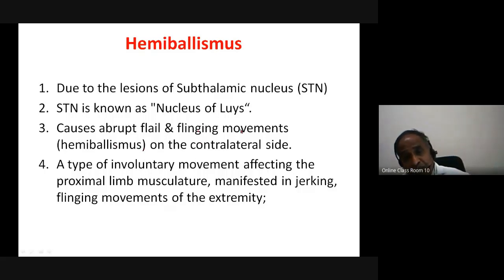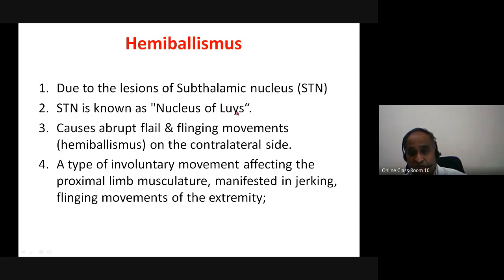It is due to the involvement of subthalamic nucleus of the opposite side, the contralateral side. And this subthalamic nucleus may be involved because of a hemorrhage or some other defect. This subthalamic nucleus is known as the nucleus of Luys, L-U-Y-S.